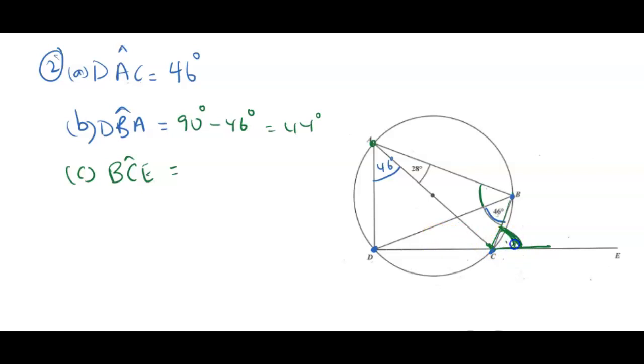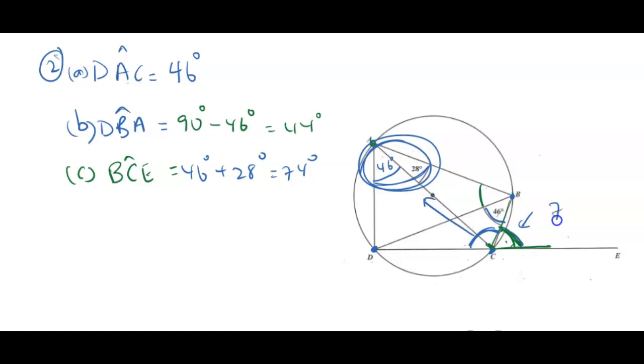So this exterior angle will be equal to the interior opposite. This is the interior here, and the opposite for this will be these two. So BCE will be 46 degrees plus 28 degrees, and that works out to be 74 degrees. So this angle here will be 74, and as well this angle here will also be 74 degrees. And what's the reason for that?